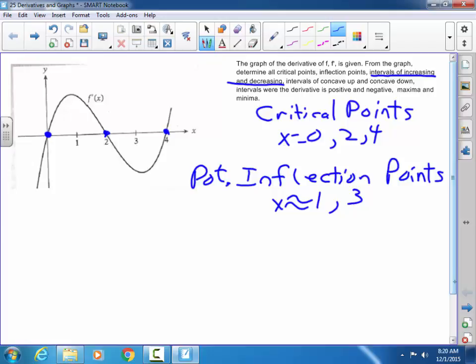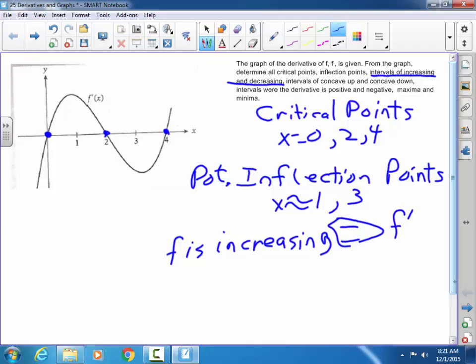What do you mean by it? Yes, okay. So f is increasing wherever the first derivative is greater than 0. That means that f prime is greater than 0. Well, where is f prime greater than 0? How can we determine that from this?